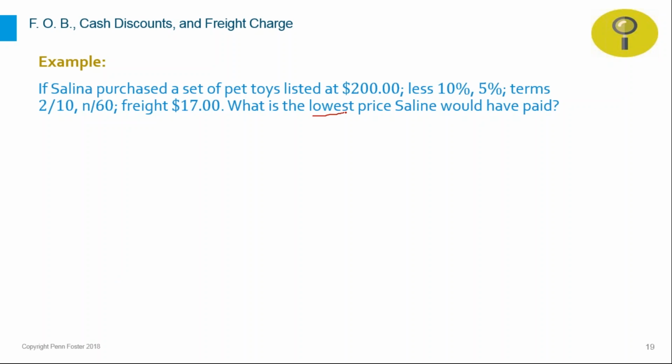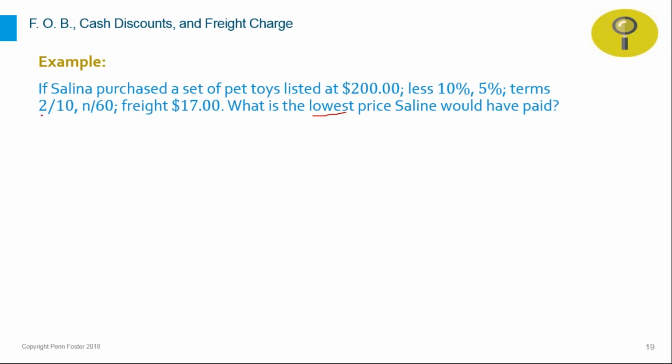So Selena is going to get the 10% and the 5% anyway. But it depends: if she pays within 10 days, she'll get an extra 2% off. But if she does not, then she doesn't get any discount on top of these two. So the lowest price would be if she pays within 10 days. So we have to consider the 10, the 5, and the 2%.